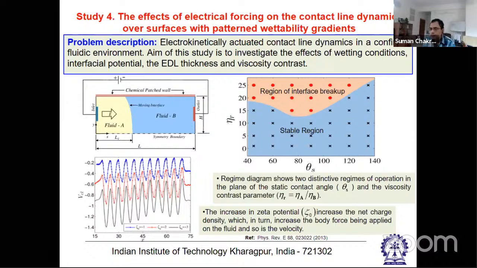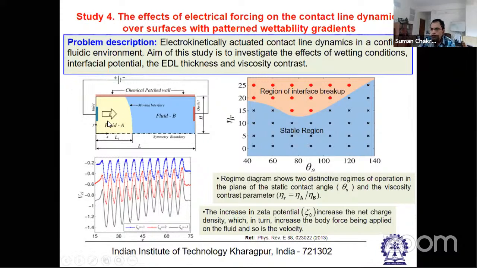The interface dynamics, which is one of the key strengths of application of phase field modeling, can also be tuned by an electric field.